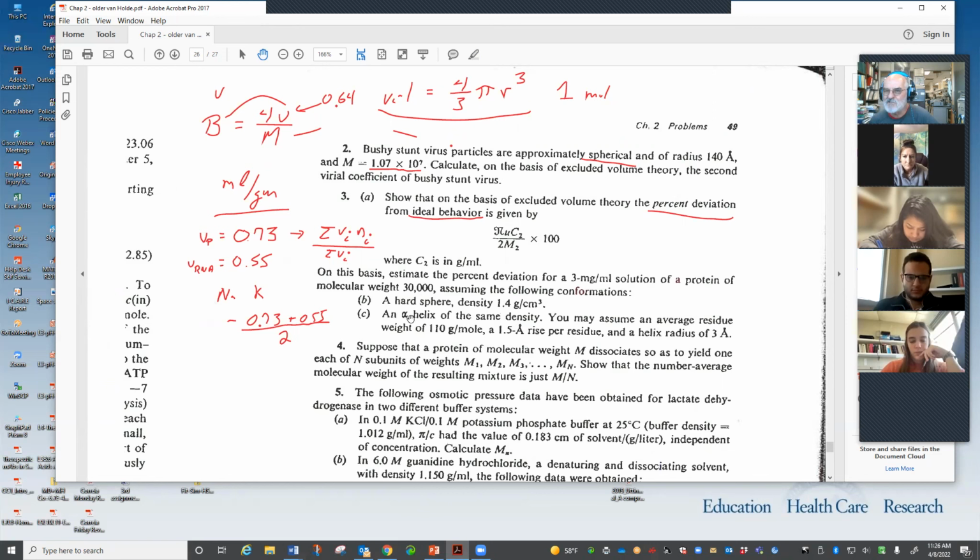So this is essentially a rod. Alpha helices will not run indefinitely as a rod, but it's giving you a dimension. It's giving you the diameter, although it's giving you the radius, and alpha helix of the same density.